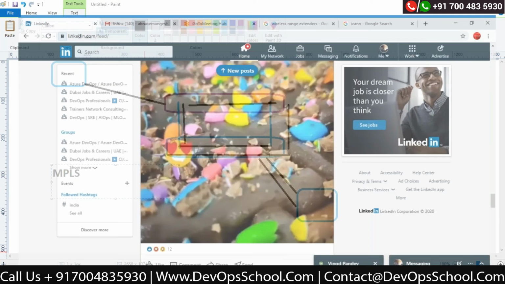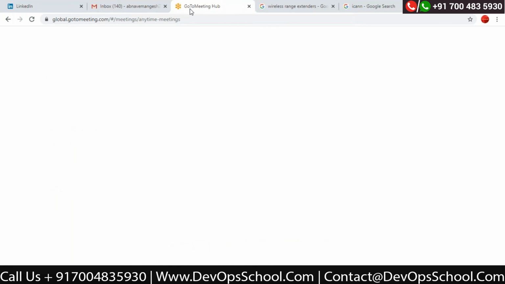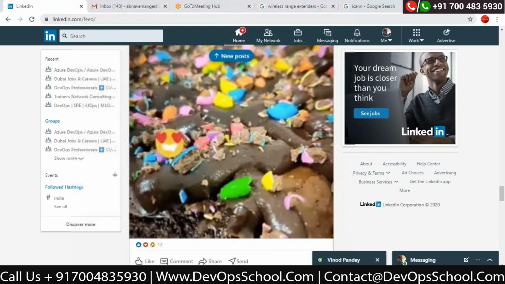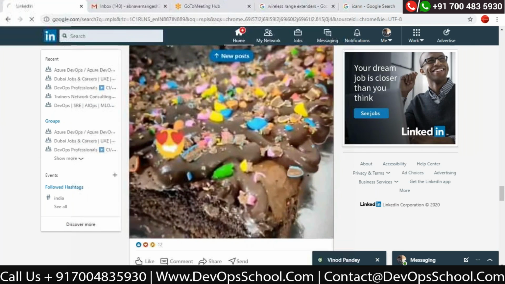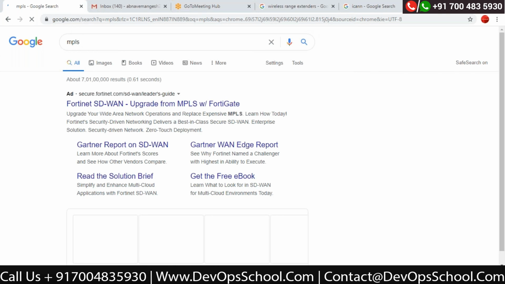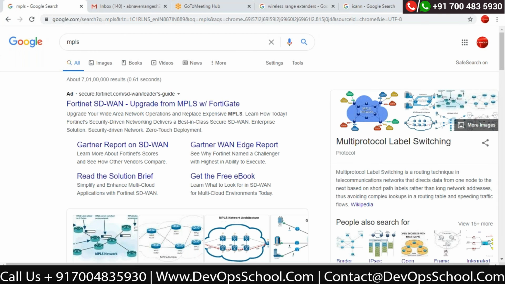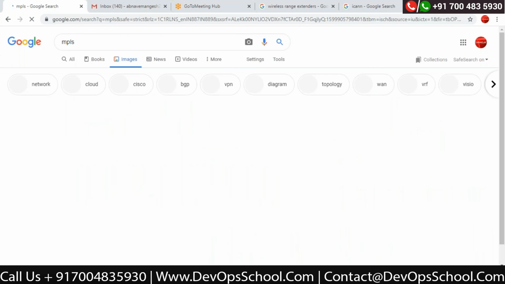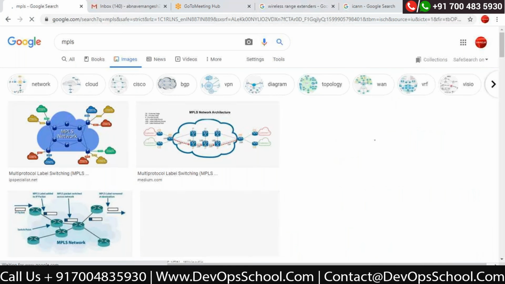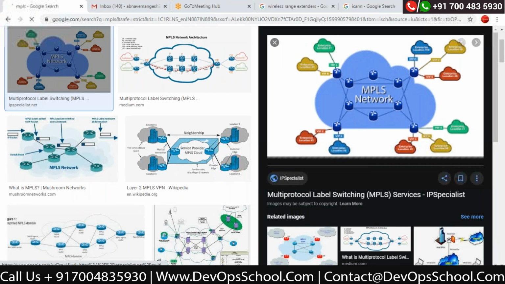MPLS, multiple protocol level switching, helps you distribute your internet connection like a switch, correct? This is the current technique which we are using for internet providers.